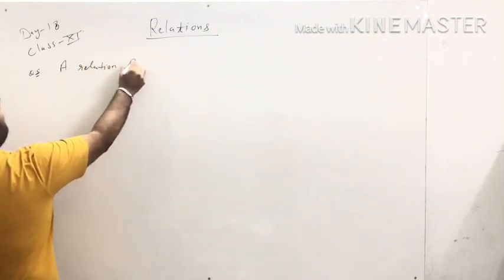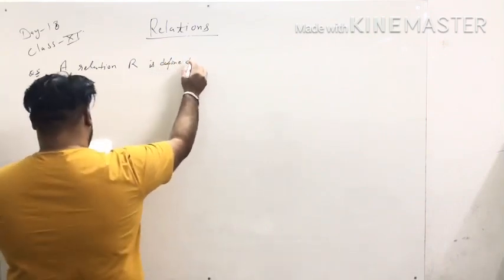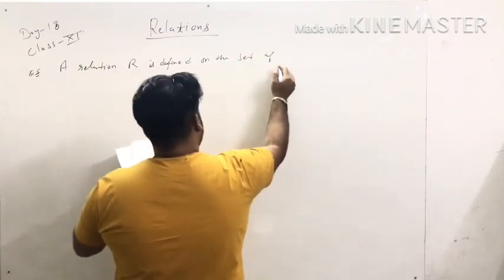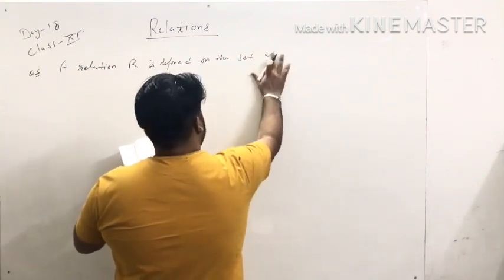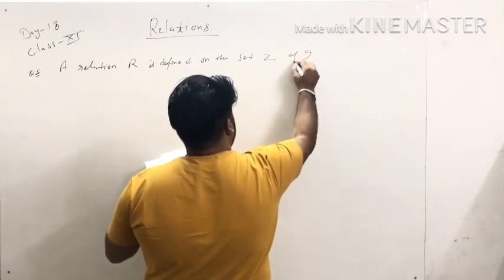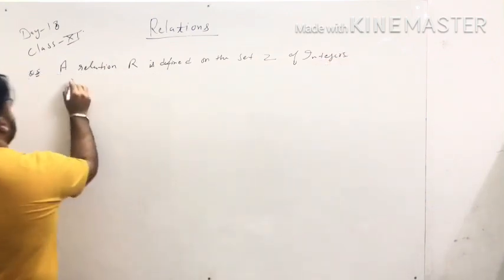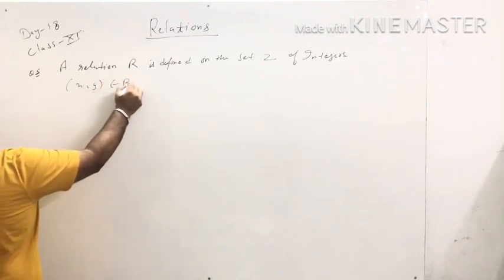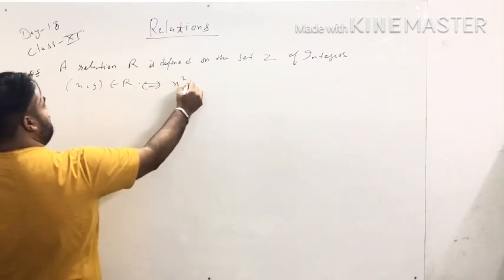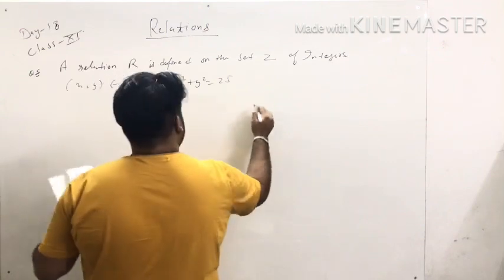A relation R is defined on the set Z of integers, (x, y) belongs to R. The condition is x square plus y square equals 25.